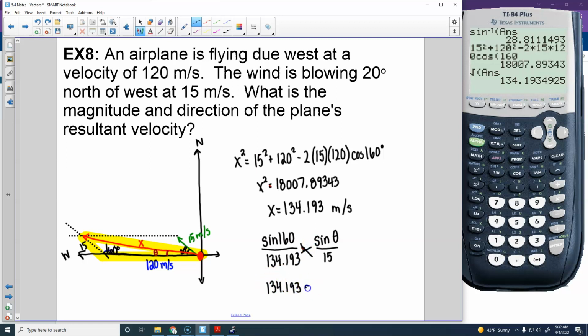134.193 sine of theta equals 15 sine 160. We'll divide by this number.